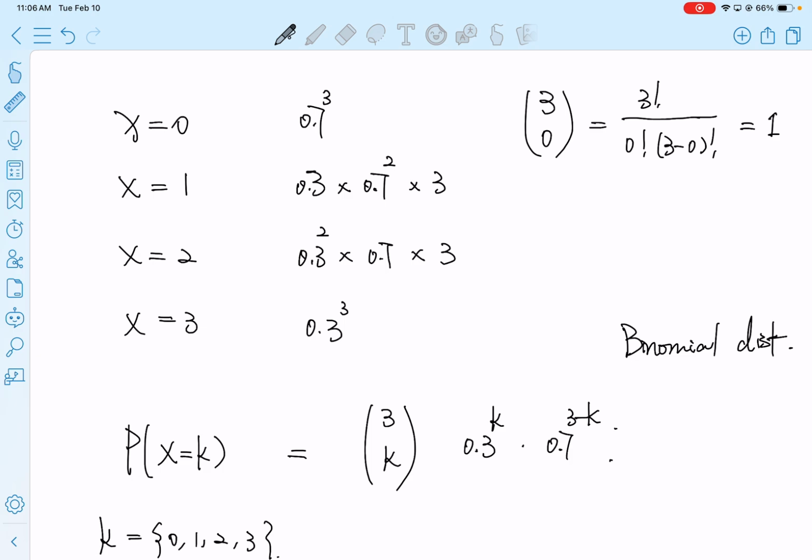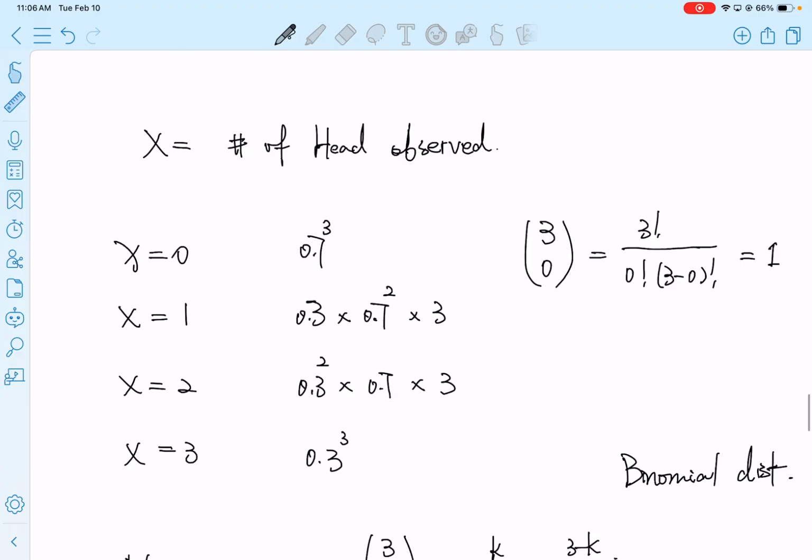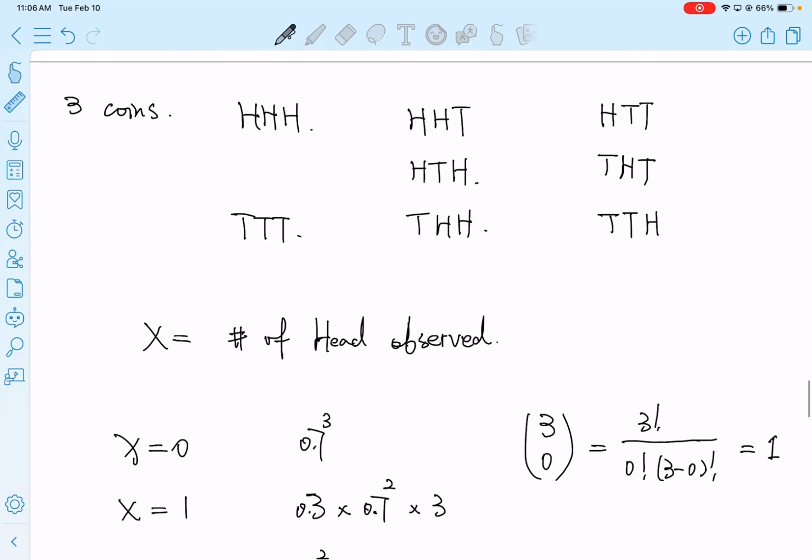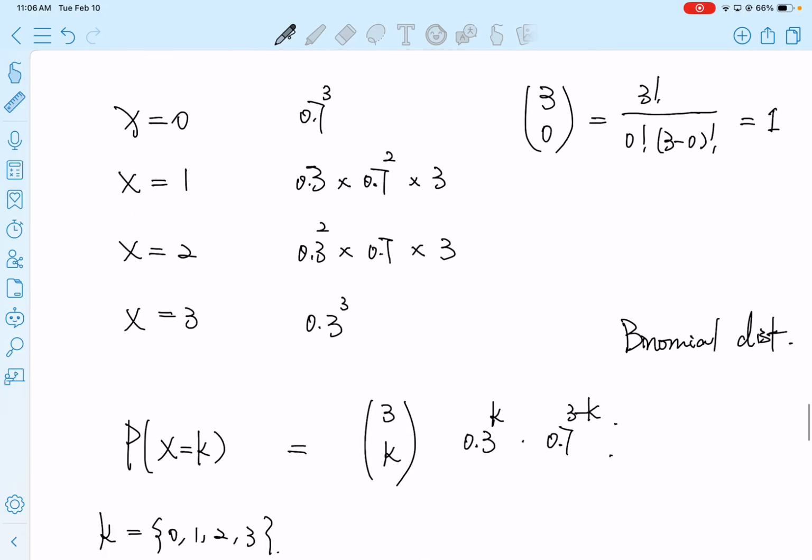So this is just a mechanism to count from 8 different outcomes in terms of the coin heads and tails, and then collapse them into the 4 outcomes for our random variable. Our random variable here is only interested in how many heads we observe in flipping 3 coins.